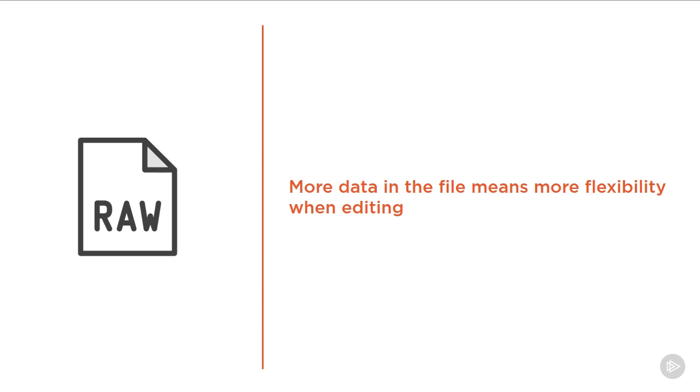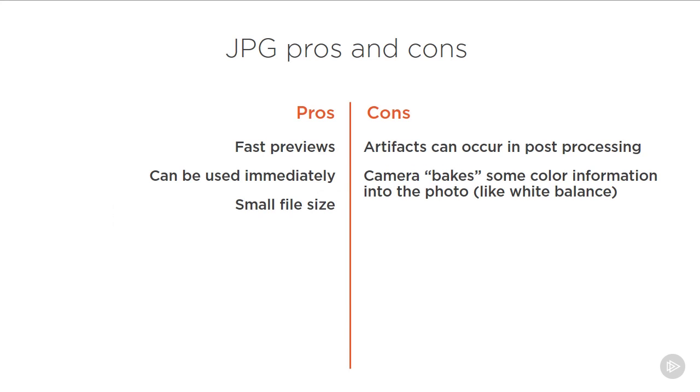Now, there are pros and cons to everything. So JPEGs tend to be very fast previews because of that compression. They have a pretty small file size because of that as well. You can use them immediately because pretty much anything can see a JPEG image. That'd be computers or phones or cameras, they're pretty universally accepted.